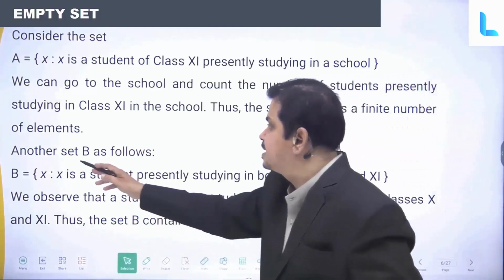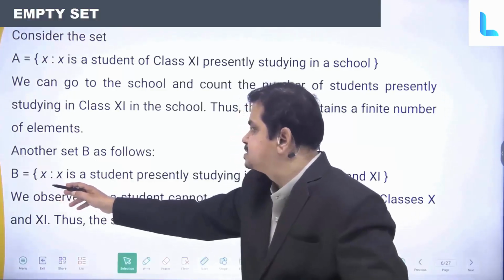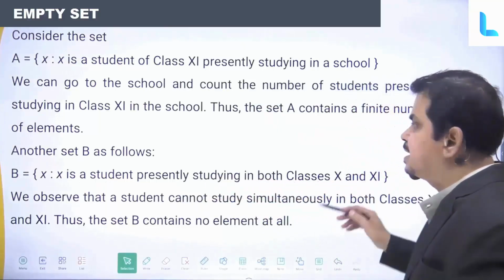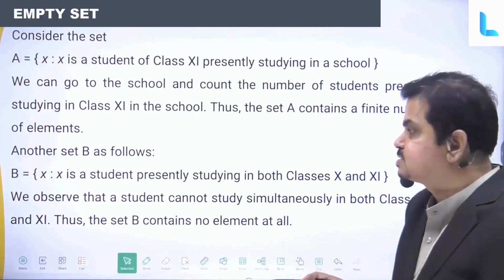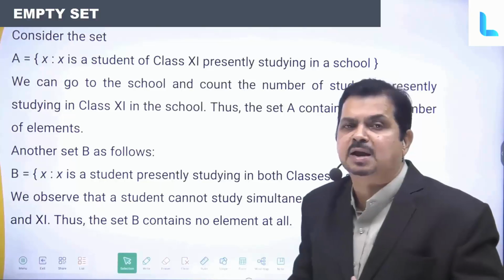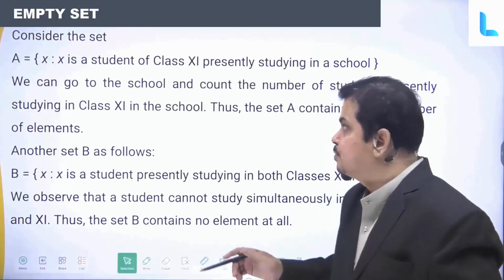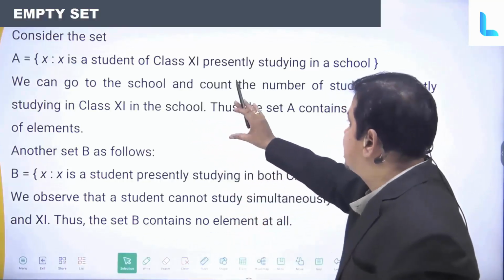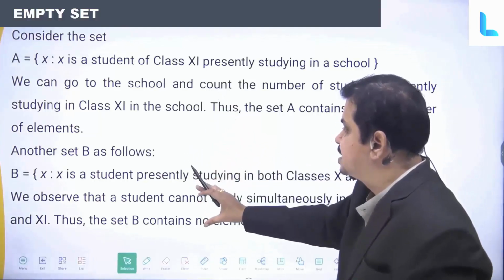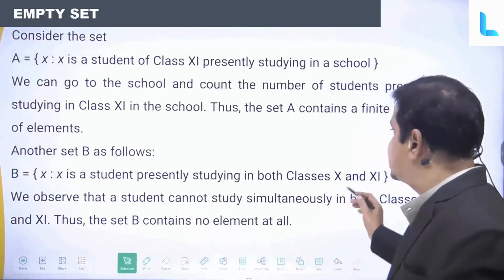And if you consider another set B, it contains all x such that x is a student presently studying in both classes 10 and 11. This set describes a student who is presently studying in both class 10 and class 11 simultaneously. Now in set A you observed that it contains a finite number of elements, but in set B, a student cannot simultaneously study in both class 10 and 11.